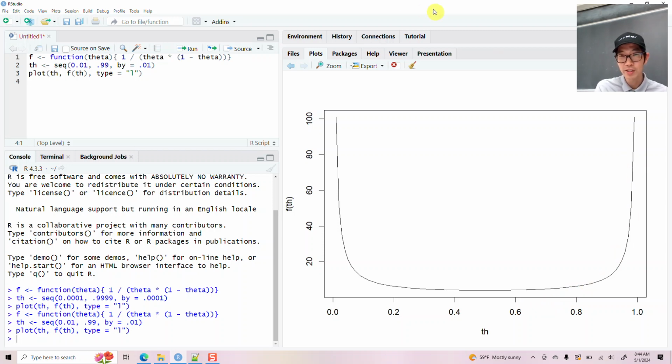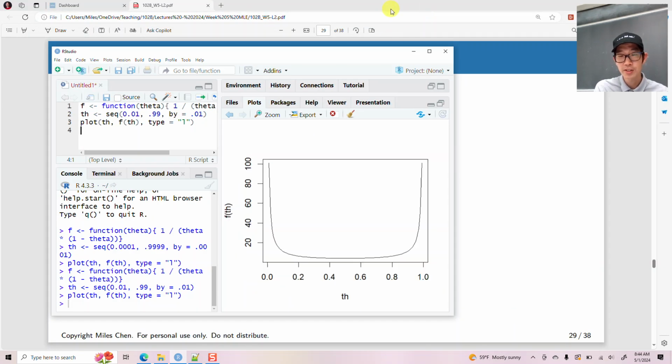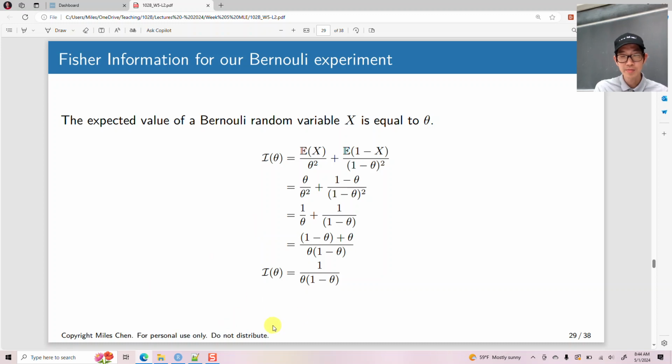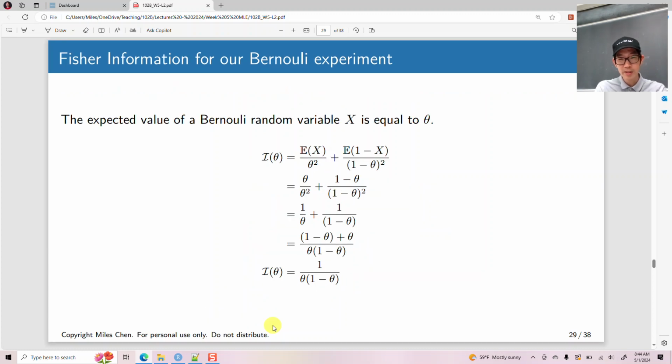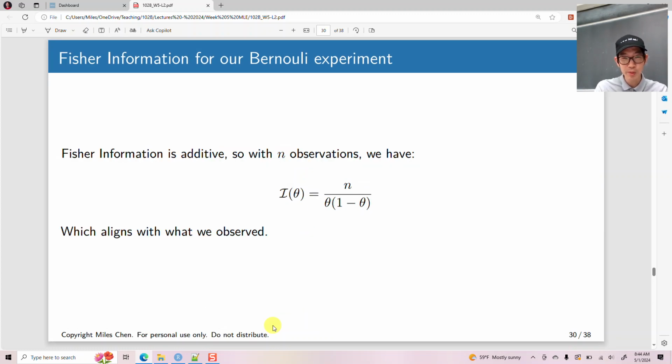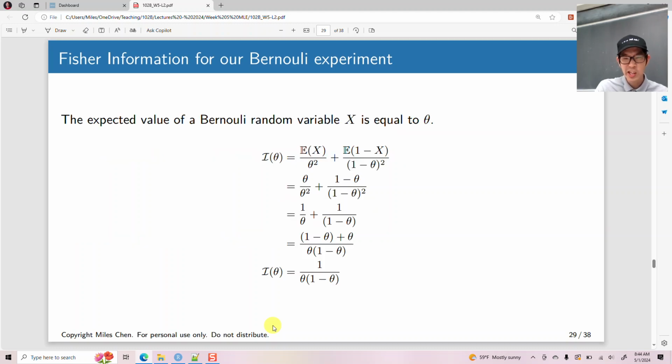So this is kind of our information here. All right. Wait, is that right? Negative expectation of this, yeah. Okay, so that's my Fisher information here. If you have a whole bunch of observations, it's additive, and so you'll get n times this.